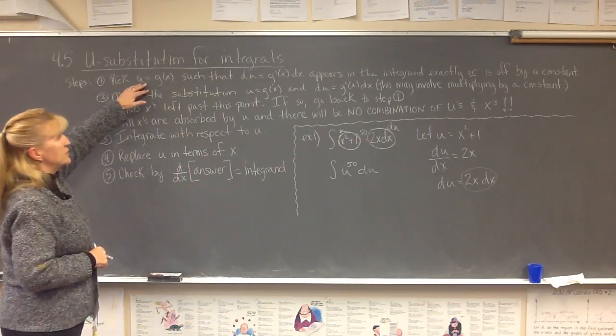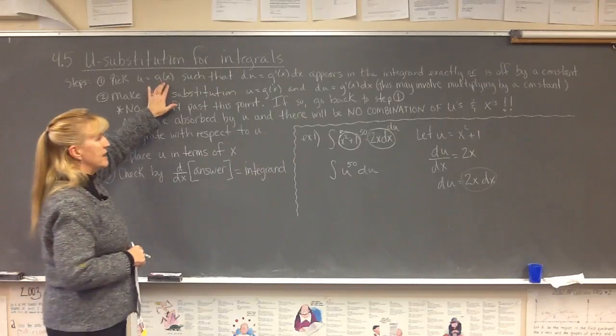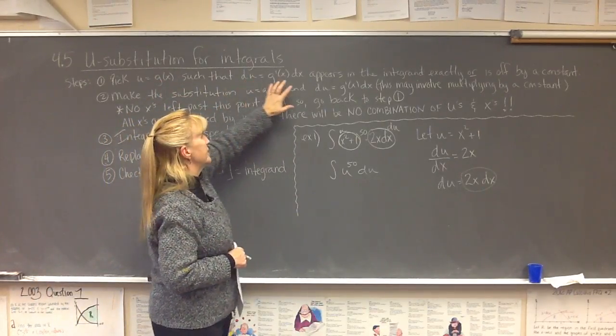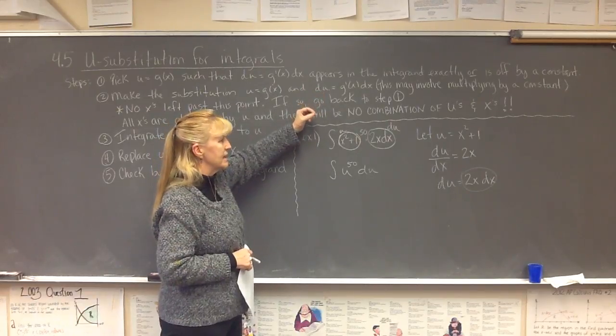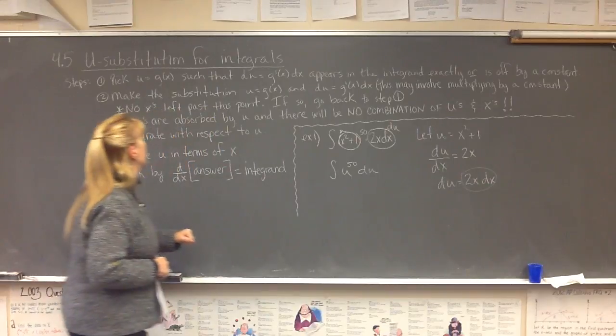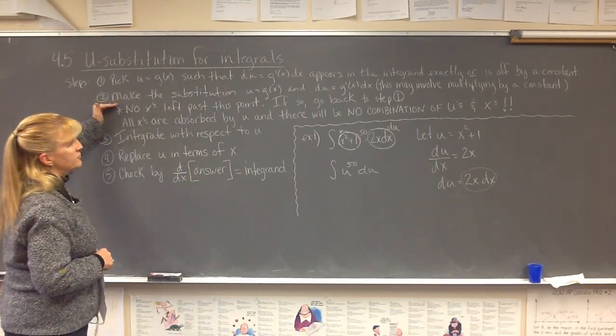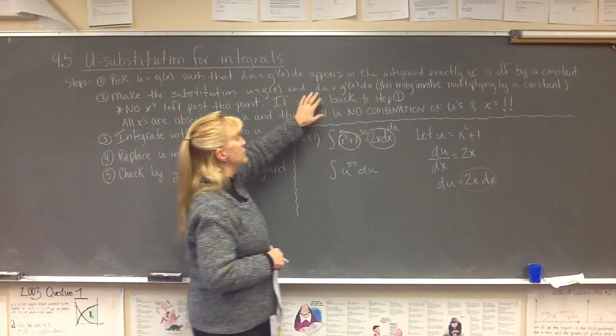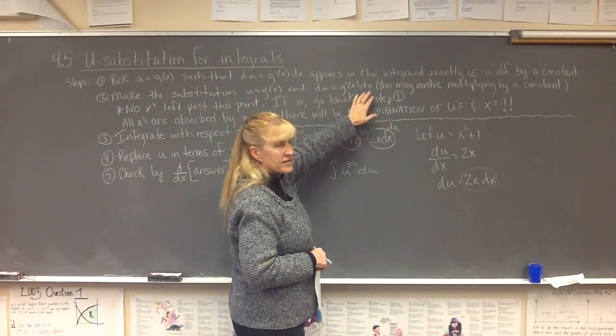So let's see where we are up here. We picked our function u, which is a function of x, such that the derivative of the thing we chose for u is sitting right in the integrand exactly. So the derivative of x squared plus 1 is 2x. Now, make the substitution for u with whatever function of x you chose, and du as the derivative of that function with respect to x.